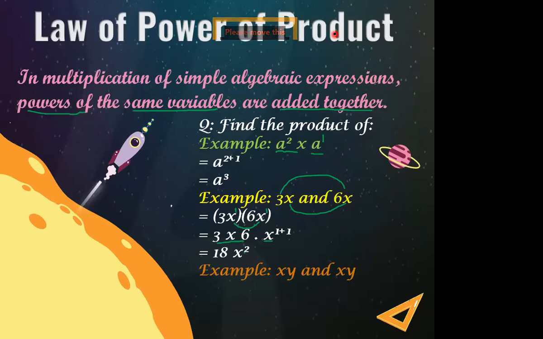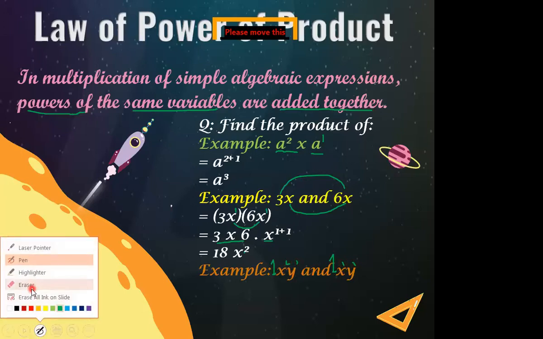Nothing is written here like 1, 2, 3, 4, 5, 6, 7, 8. If nothing is written, we will say that our coefficient here is 1. Coefficient here is 1. Understand? Similarly, if nothing is written here, the powers of these variables are 1 as well. Understand?